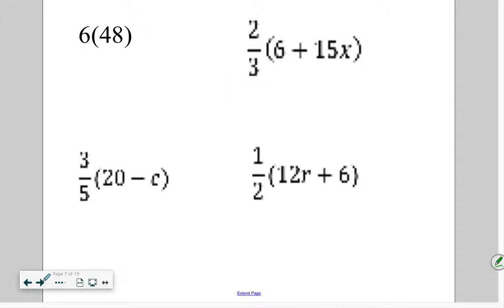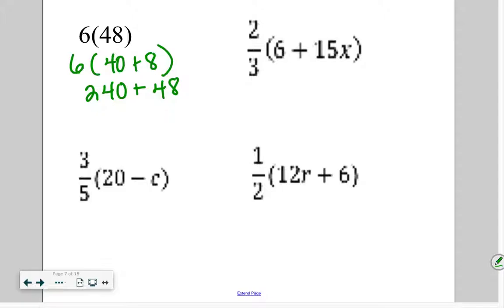We can use the distributive property even for something like 6 times 48. Inside parentheses, what's another way of viewing the number 48? 40 plus 8. What is 6 times 40? And what's 6 times 8?